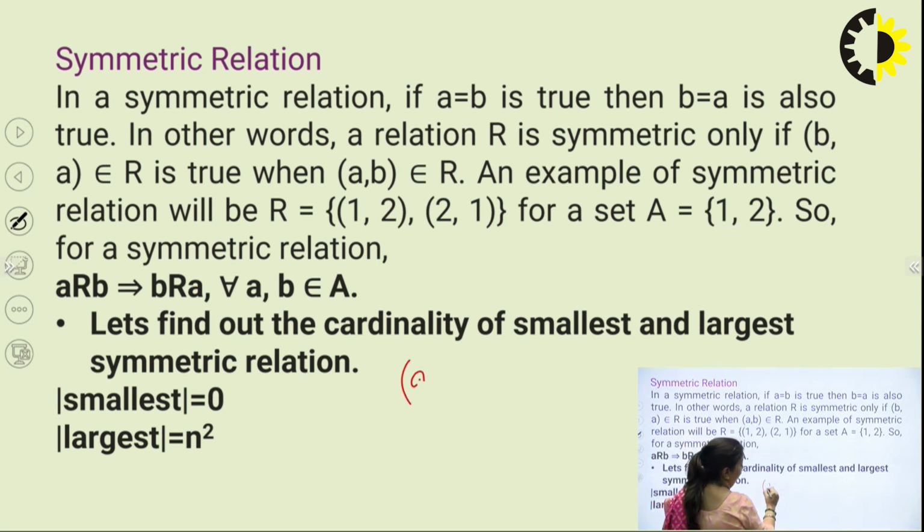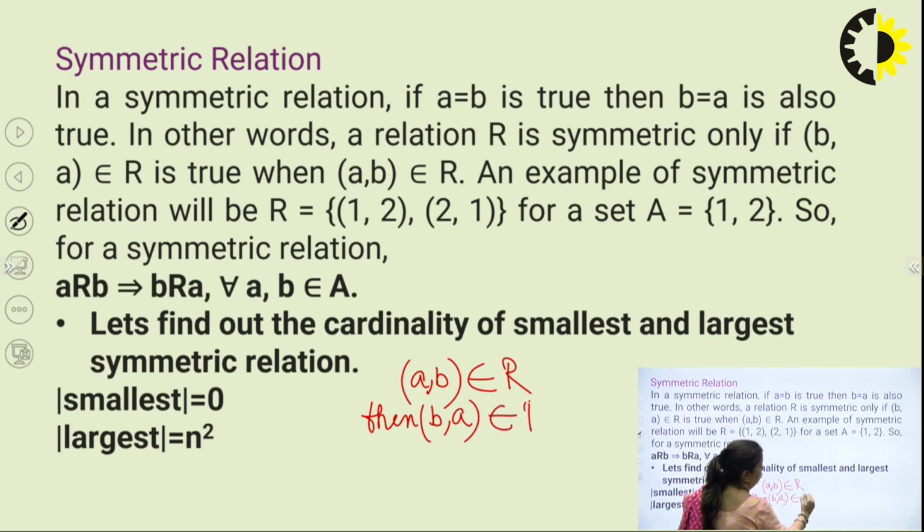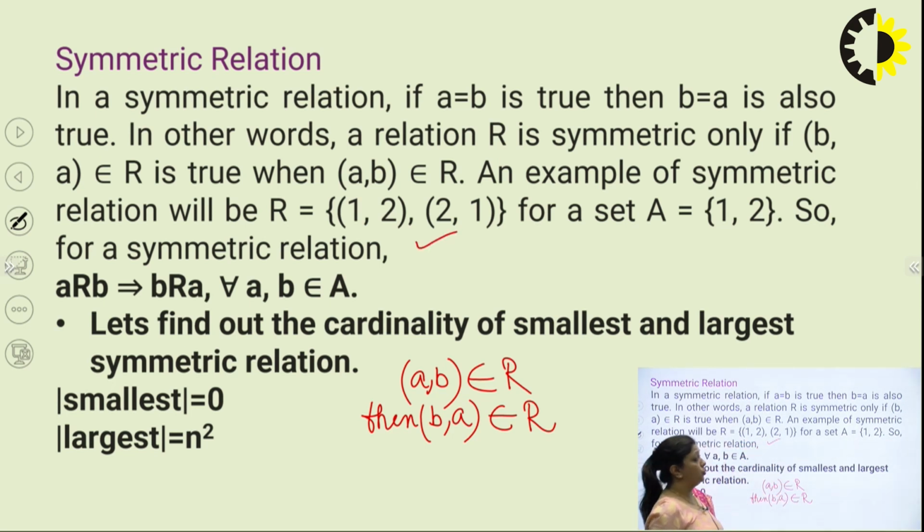Whenever I have a pair A, B which belongs to a relation, then we must have a pair B, A which should also belong to the relation for it to be symmetric. Okay. So, if I talk about this relation R, where R contains 1, 2 and 2, 1, then this is a symmetric relation.